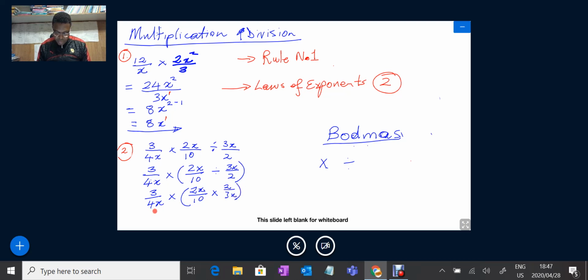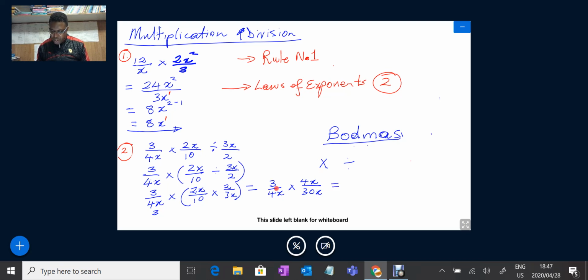And then we have equal to 3 over 4x multiplied by 2x. Times 2, we have 4x, and 10 times 3x, we have 30x.